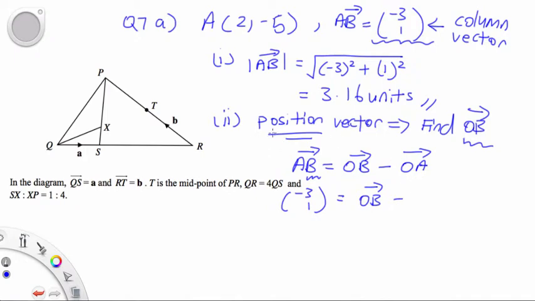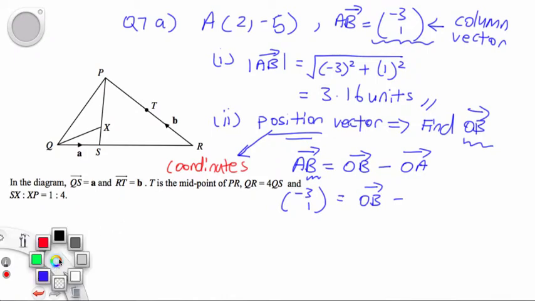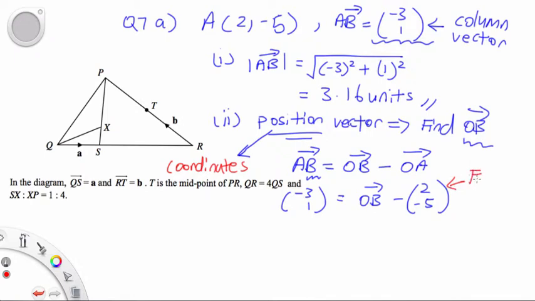The special thing for position vector is that from the position vector, you can also know the coordinates. They are related. So OA is actually (2, -5). So this is how you can convert the coordinates to the position vector.